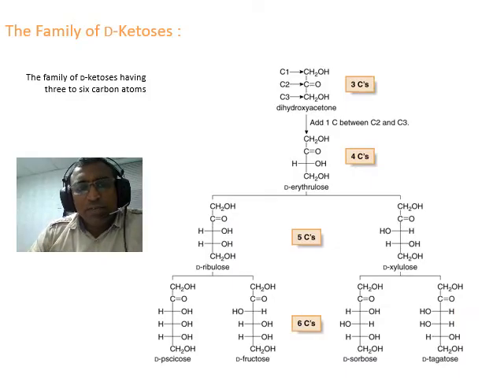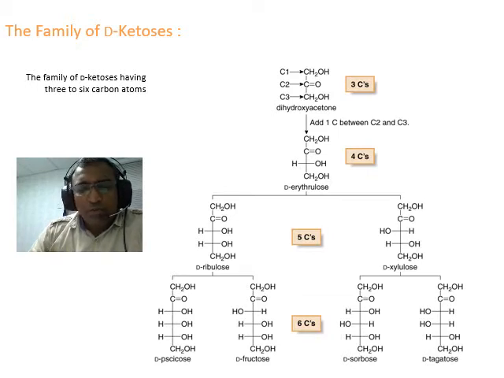So just like the family of D-aldoses, we also look into the family of D-ketoses. Again, remember, it's only referring to D-ketoses. There are also L-ketoses, so by right, what has been given here should be double the number compared to just referring to D-ketoses.